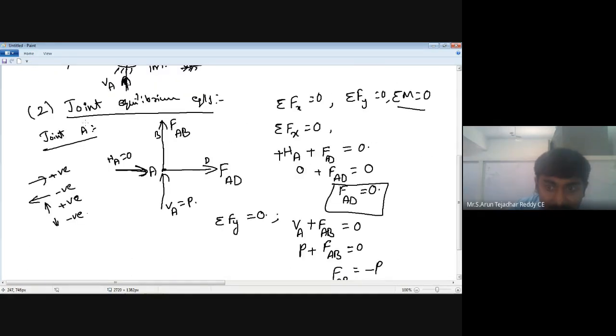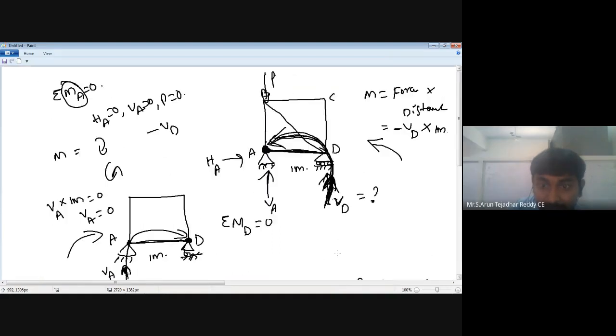Next, by using joint equilibrium equation, FAD, FAB. It means totally 4 forces are completed: C to B, C to D, A to D or D to A, next A to B or B to A. Totally 4 completed except BD. That is the fifth force. The next fifth force is BD.